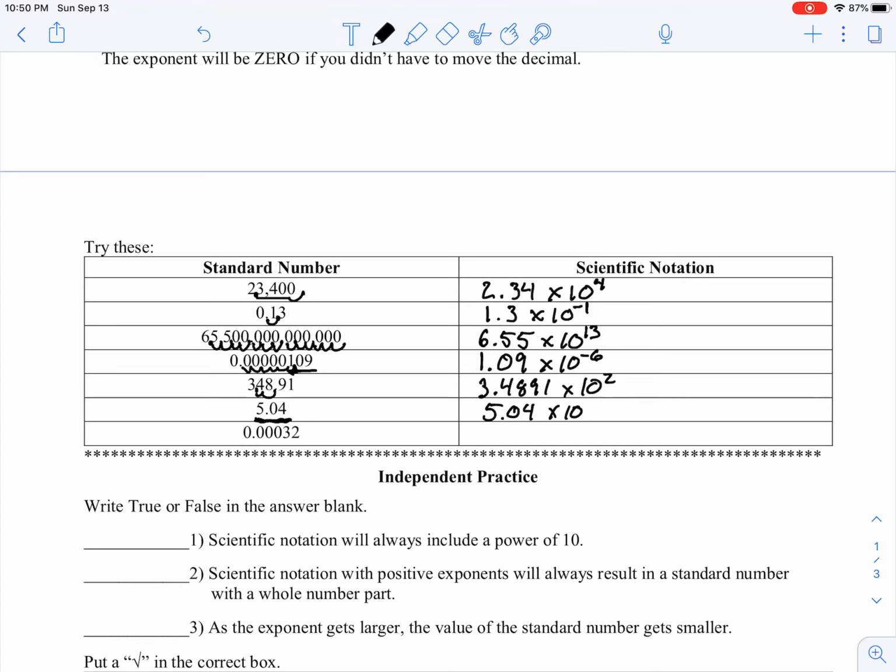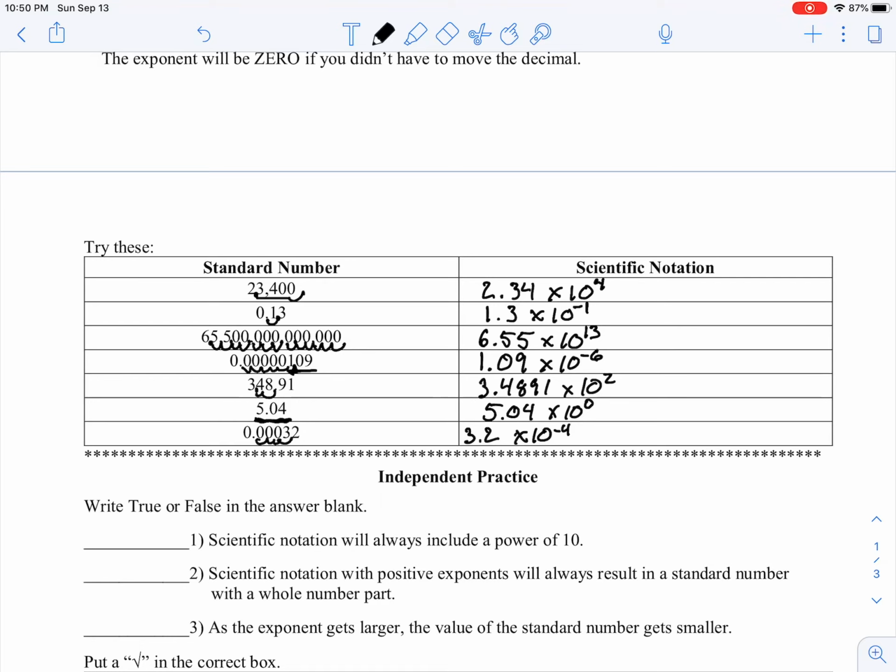Well, how far do we need to move our decimal? Well, it's already where it needs to be, so we would move it 0 times. And then for our last example here, we would write out 3.2 times 10, and we would have to move our decimal left, and it looks like left 1, 2, 3, 4 places. So this would be a negative 4 for our exponent.